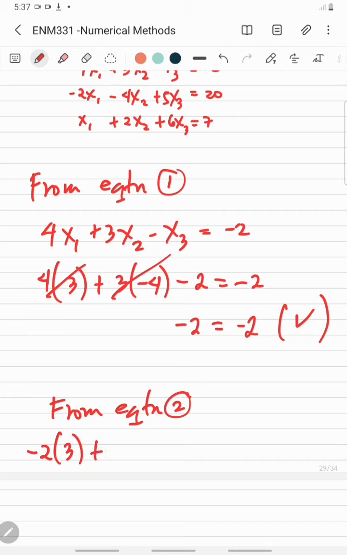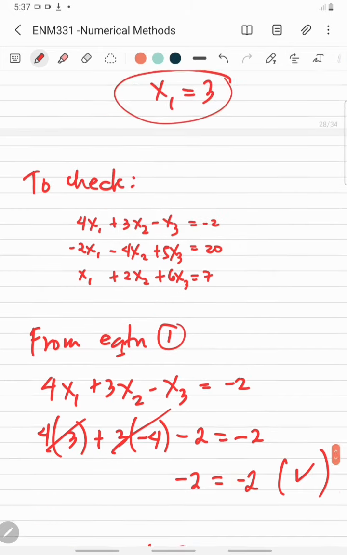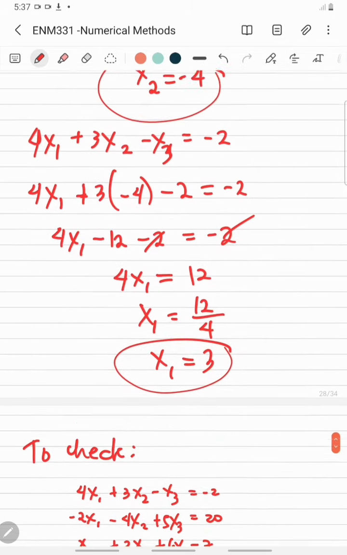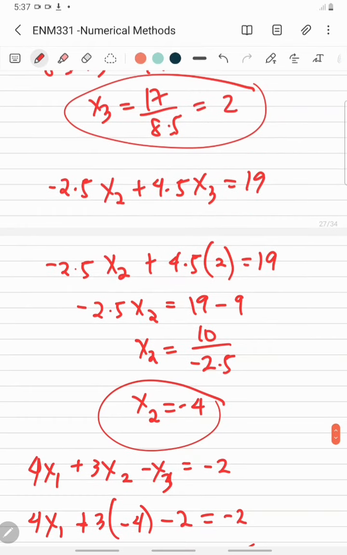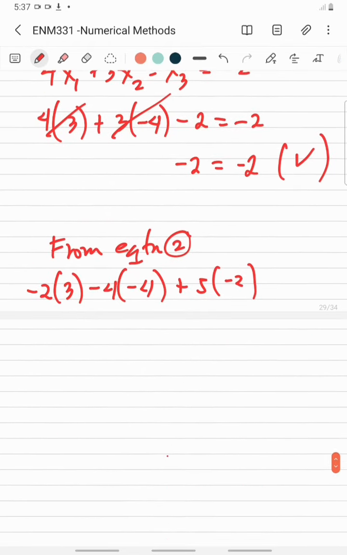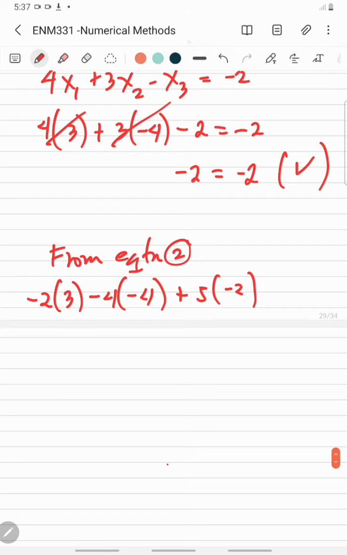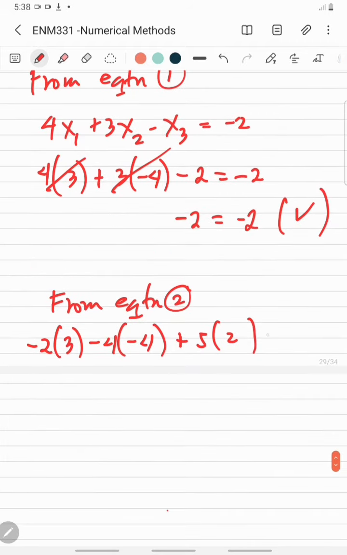Again, from equation 2, we have negative 2 times x1, which is 3, plus negative 4 times x2, which is negative 4, plus 5 times x3, which is positive 2, equal to 20.